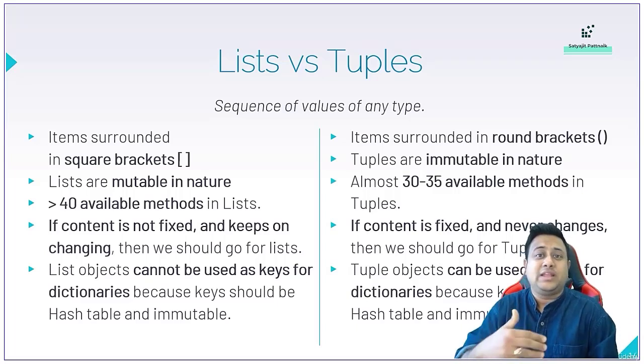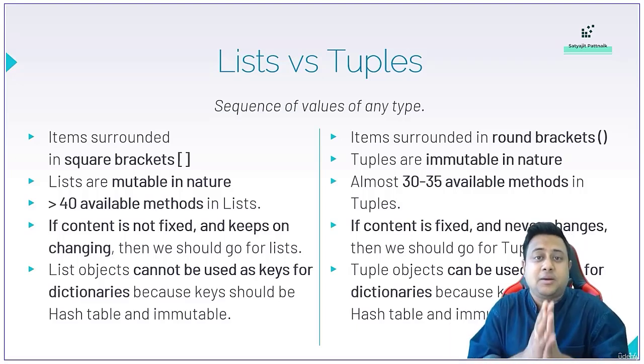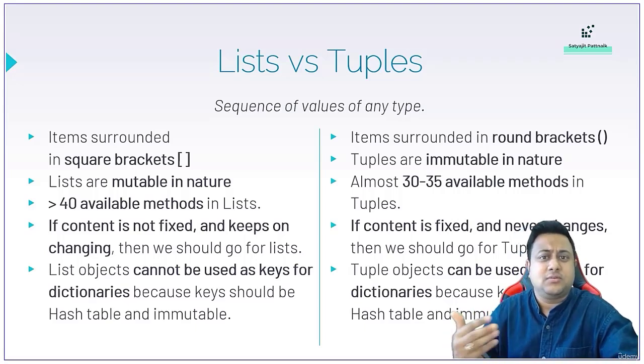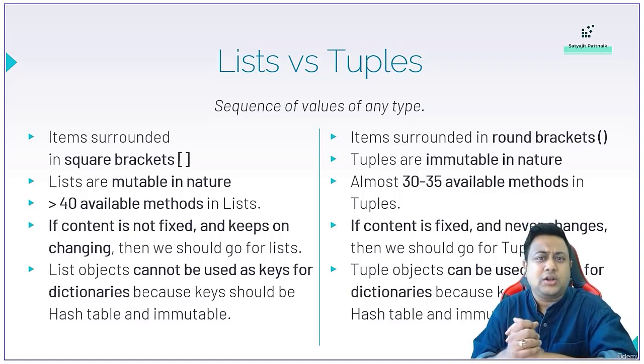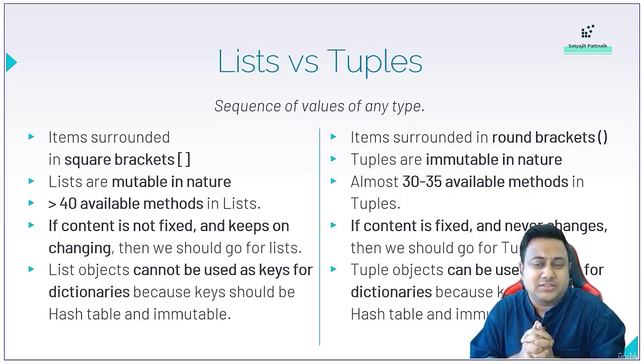That means you can change the attributes. You can access the elements and change the elements. Whereas tuples are immutable in nature. You cannot change them. There are more than 40 available methods in lists, and in tuples there are around 30 to 35 methods. This is not a valid difference, but it's one of the differences.